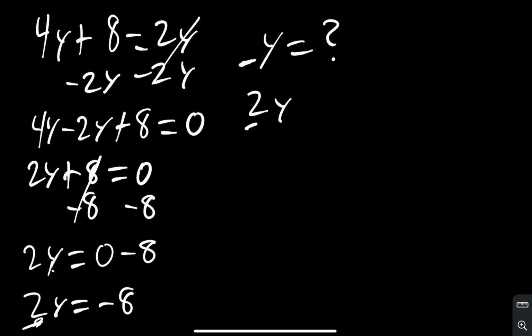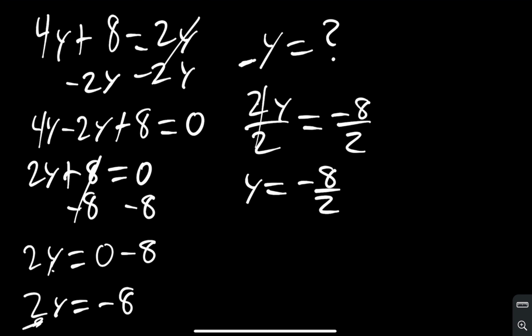So we're going to divide both sides by 2 to get rid of that 2. 2 divided by 2 gives you 1, and 1 times a number gives you that number. So 1 times y is just y. Then it's negative 8 divided by 2, which we simplify to negative 4. So y equals negative 4. That's your answer.